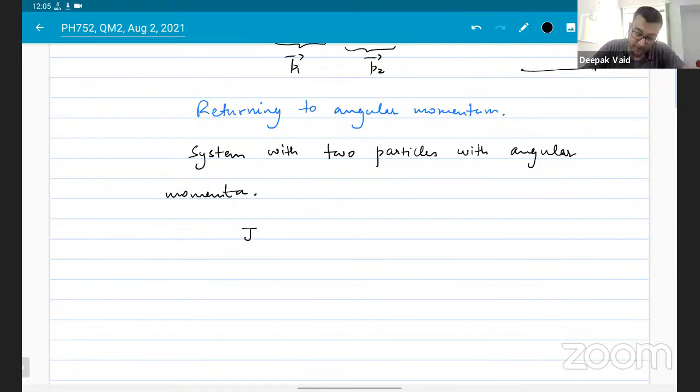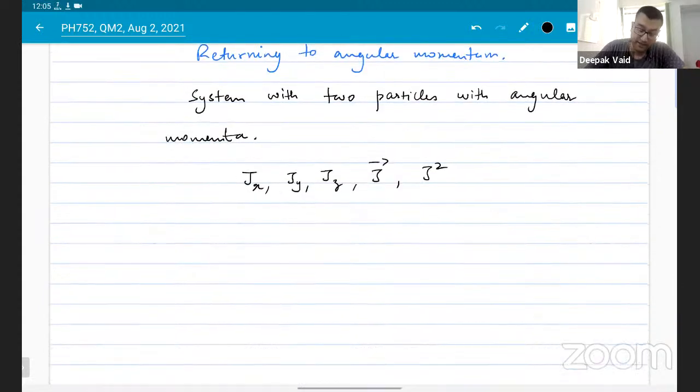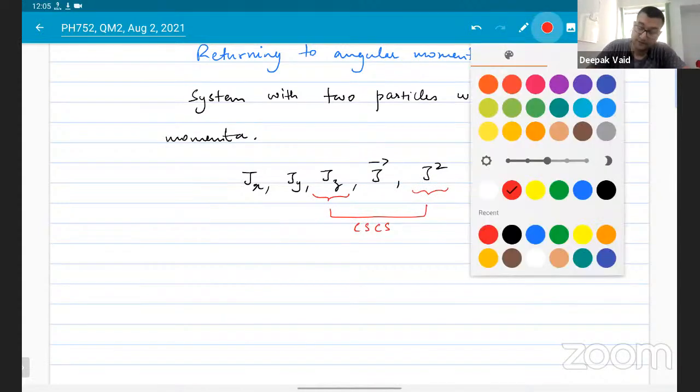You remember I have these operators, Jx, Jy, Jz, and J squared, right? Of these operators, I take J squared and Jz to form my complete set of commuting operators.